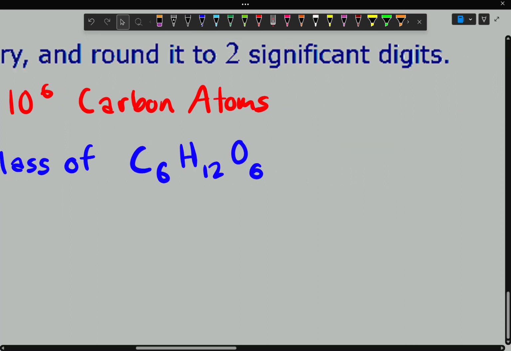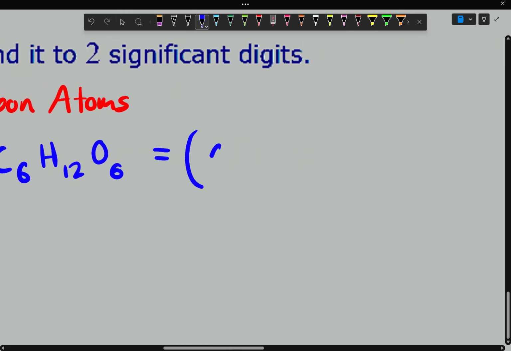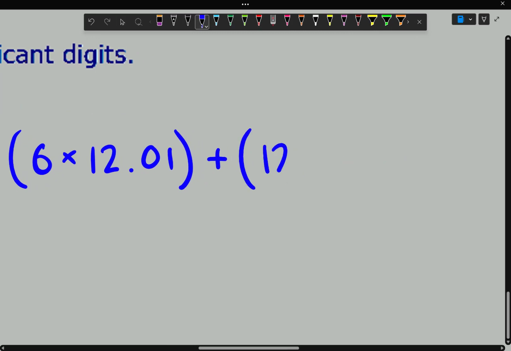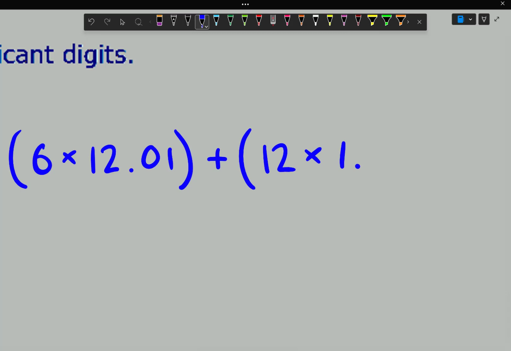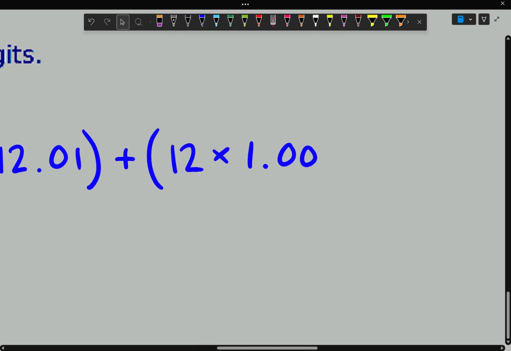C6H12O6, is going to be equal to 6 times the molar mass of carbon, which was 12.01, plus 12 times the molar mass of hydrogen, which was 1.00. I'm actually going to use the ALEKS value. On ALEKS, it's a little bit more specific.